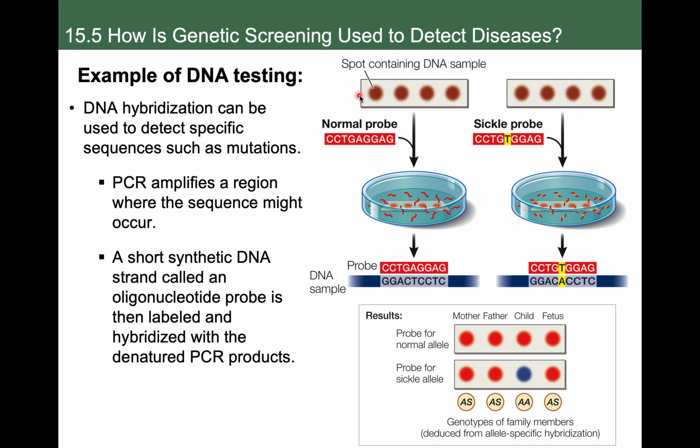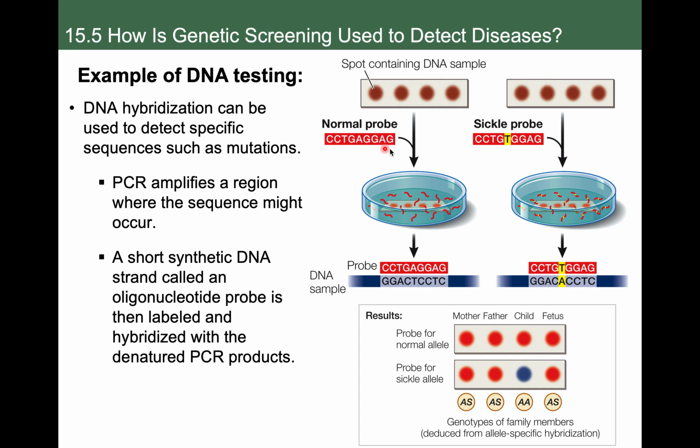So the idea is you would have your DNA samples from your individuals. In this case, it's 4 different individuals from one family. So mother, father, child, fetus. So each spot is a different person's DNA sample. And you would treat those DNA samples with these fluorescent DNA probes.